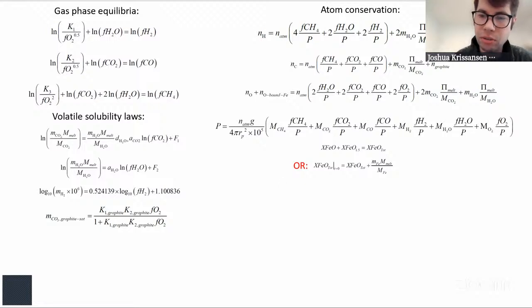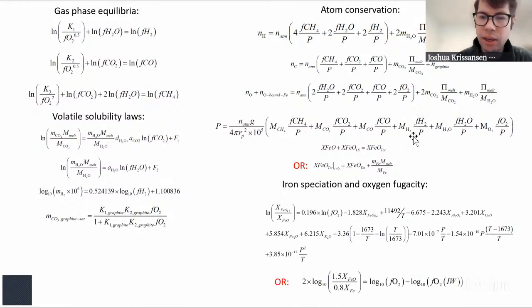All of this is with us imposing conservation of atoms, hydrogen, carbon, oxygen being particularly important, and then iron speciation. And then we, of course, have to relate the iron speciation to oxygen fugacity for both oxidized compositions with its iron 3+ around and more reducing compositions with its metallic iron around.